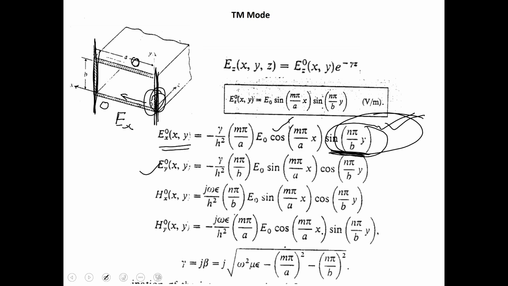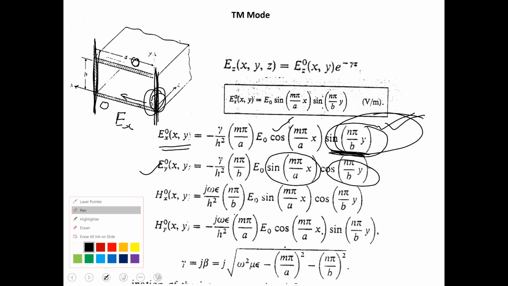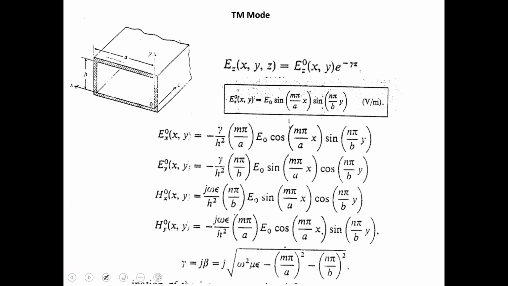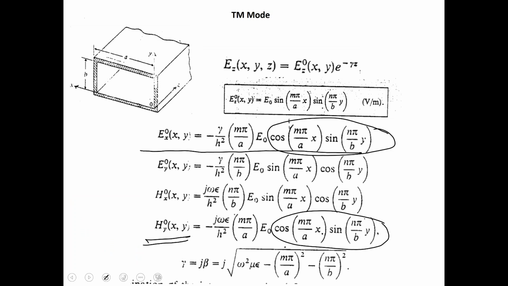Ey field, on the other hand, would have a sine function in the x direction and a cos function in the y direction. Now, another thing you would notice is that if I look at the Ex field, that variation is very similar to the Hy field.